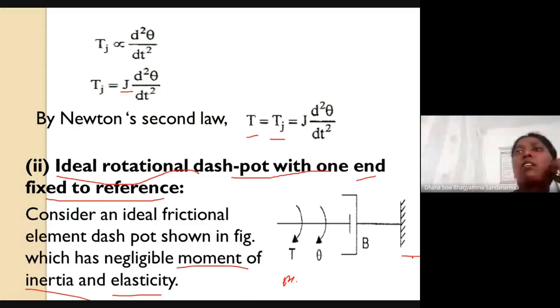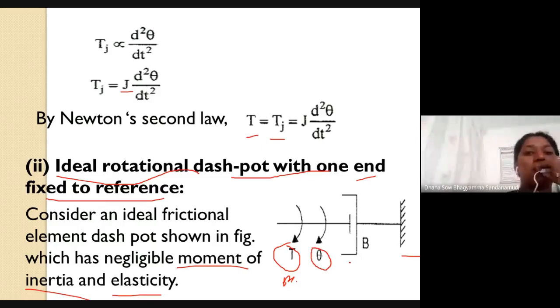This is the applied torque, this is the angular displacement. So the input is capital T and the output is the angular displacement.